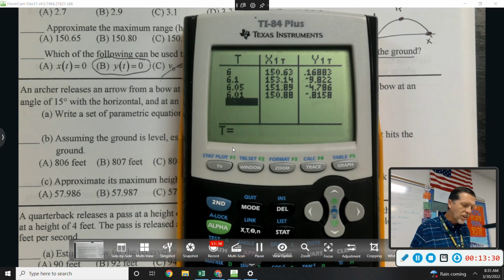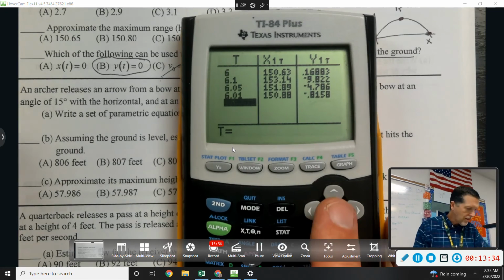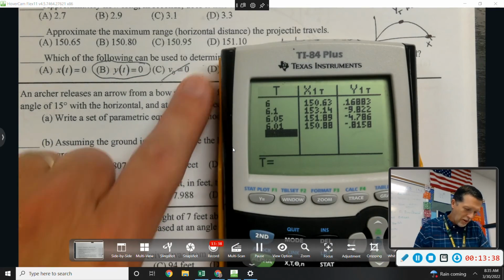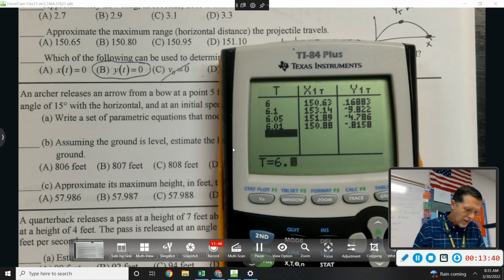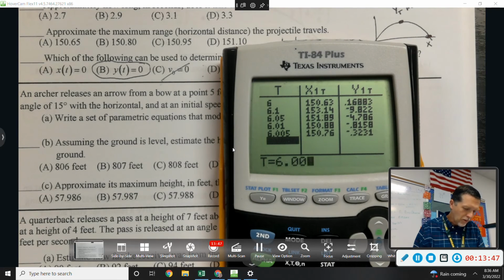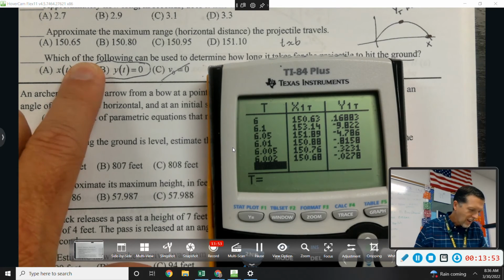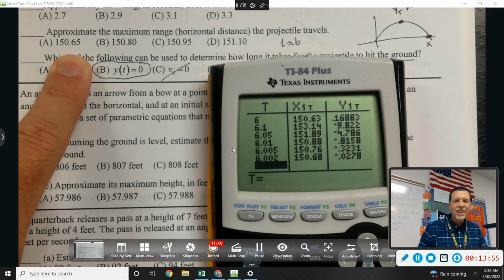So it's between 6 and 6.01. Now am I accurate enough or not? No, not really. 6.005? 6.002? That's pretty close. Is it close enough to... I bet it's A. Yeah.